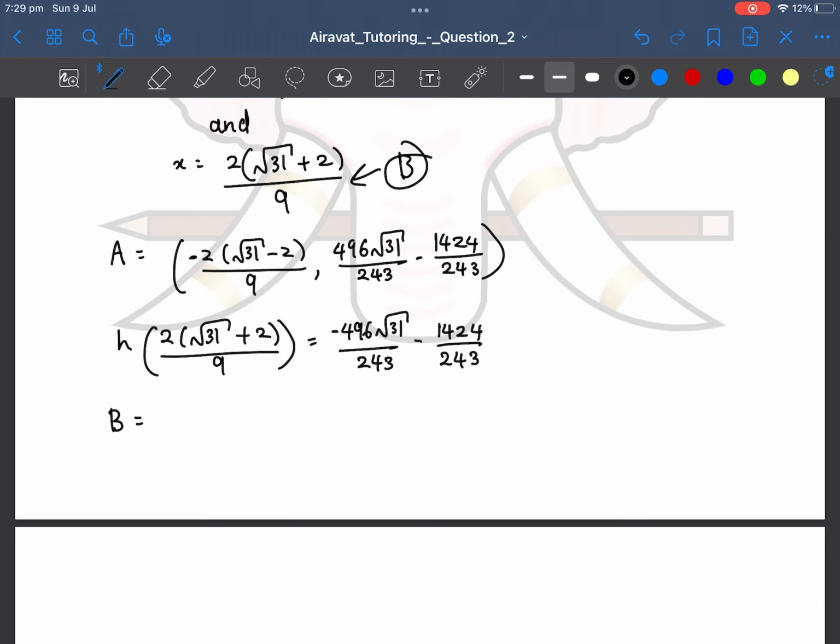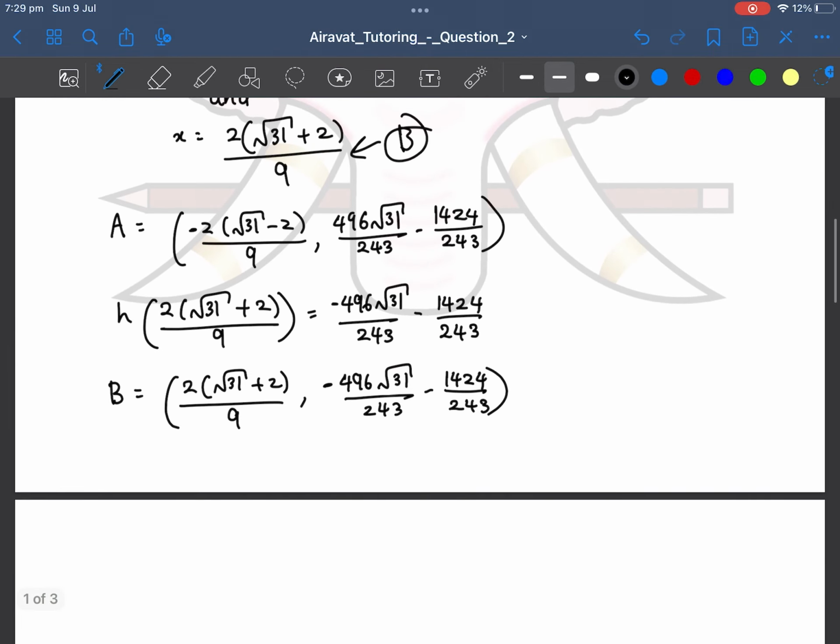So this is our point B, which is 2 times square root of 31 plus 2 over 9, comma, minus 496 square root of 31 over 243 minus 1424 over 243.